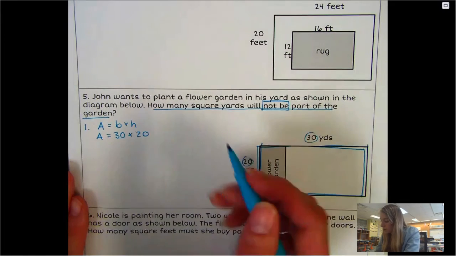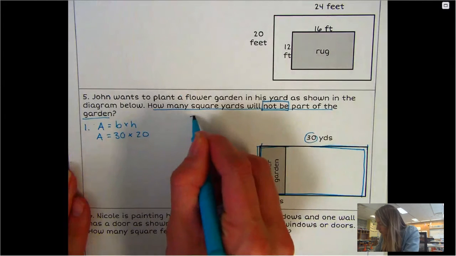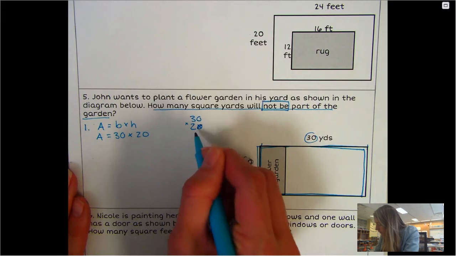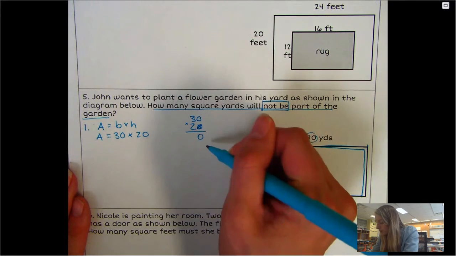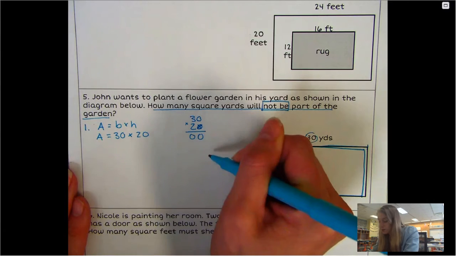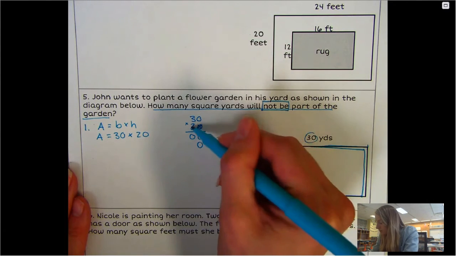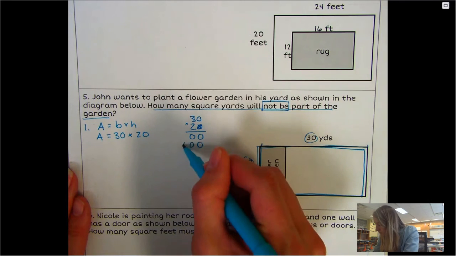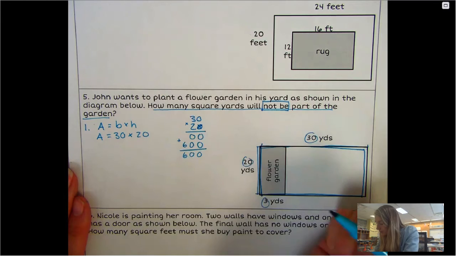Then we multiply 30 by 20, so we can stack our numbers over to the side. 0 times 0, 0 times 3, and then we take a donut break, and then we're ready to go again. 2 times 0, 2 times 3, add our products together, and we have 600.